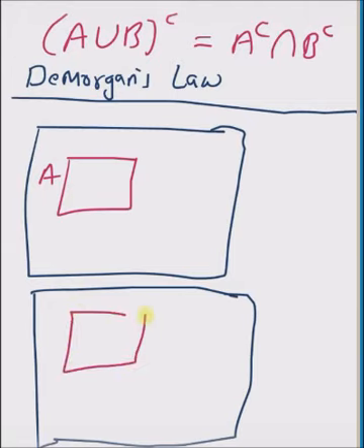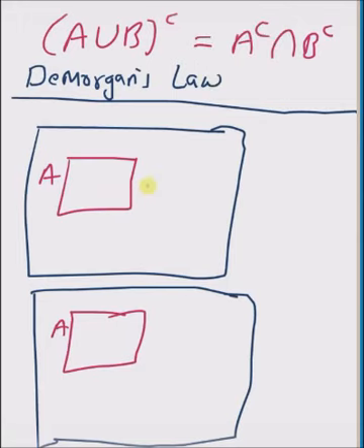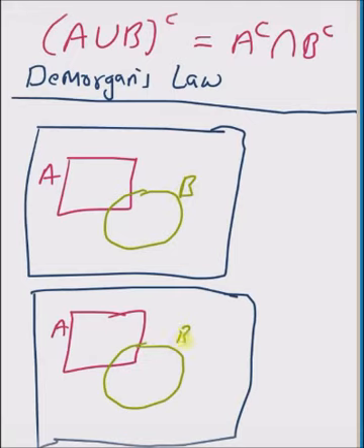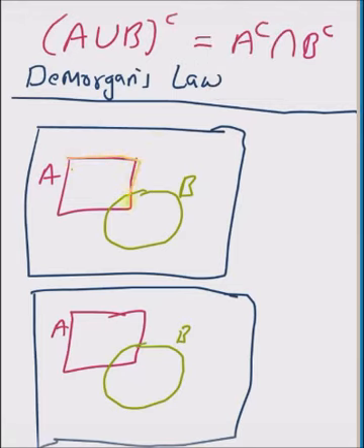This is set A and this is set B. So if you notice here, A union B is given by this region.